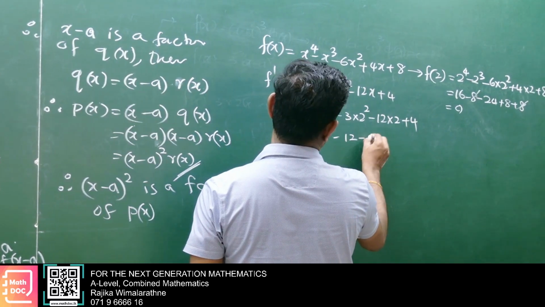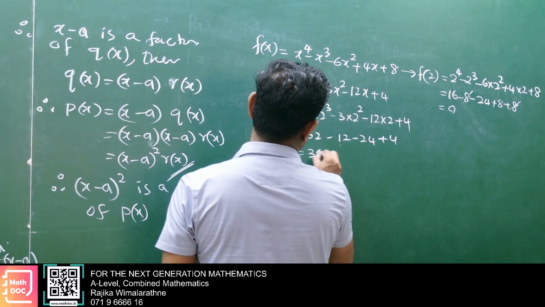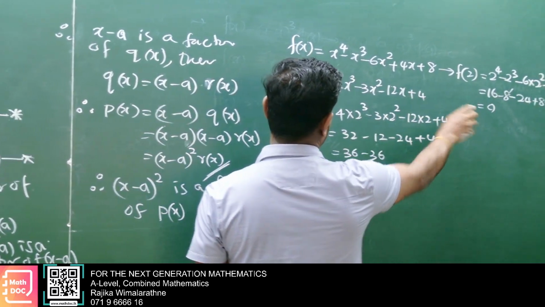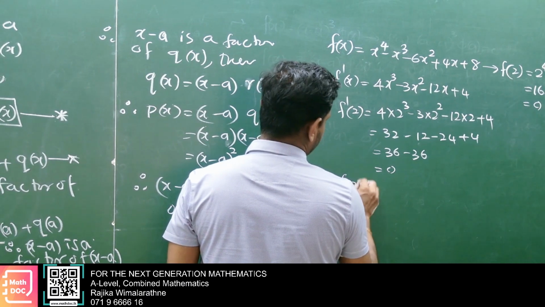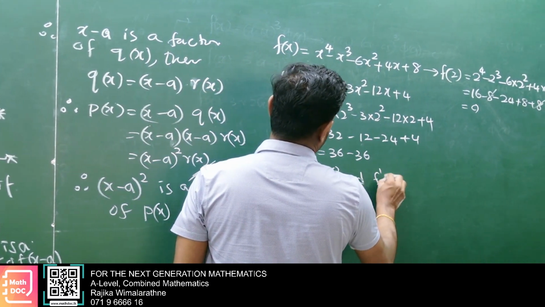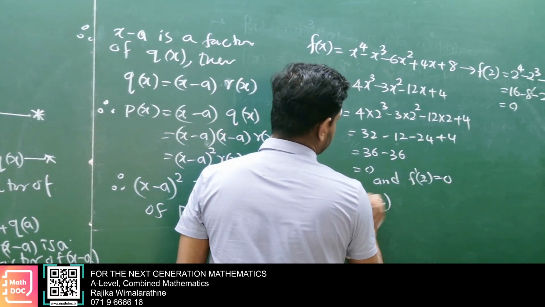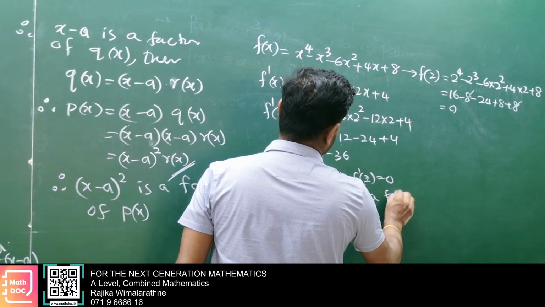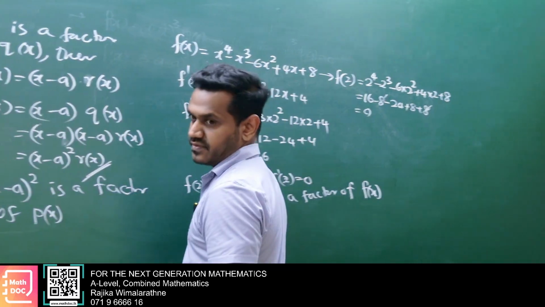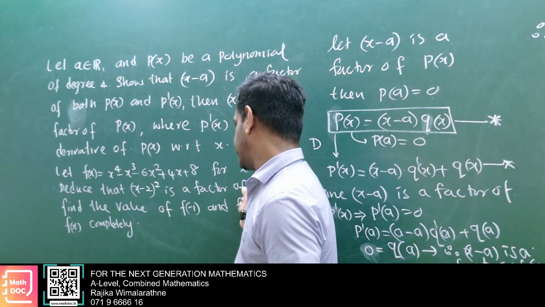That is 32 minus 12 minus 24 plus 4, which is 36 minus 36, so 0. Therefore f(2) equals 0 and f'(2) equals 0, so (x minus 2) squared is a factor of f(x). So we can apply that theorem.